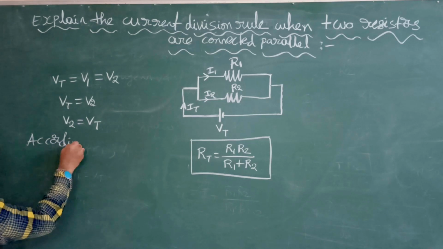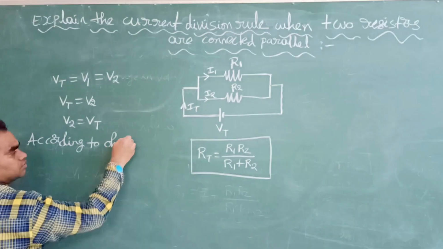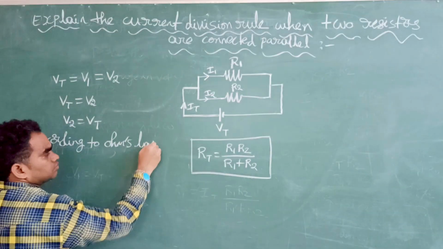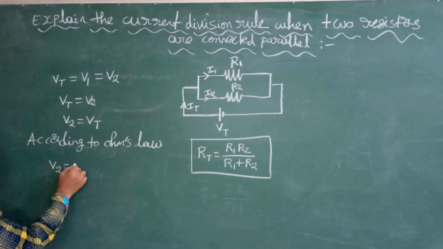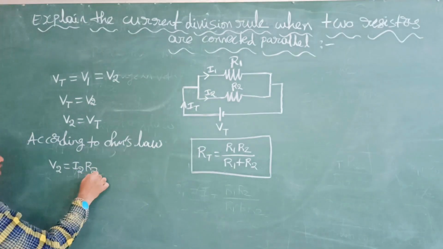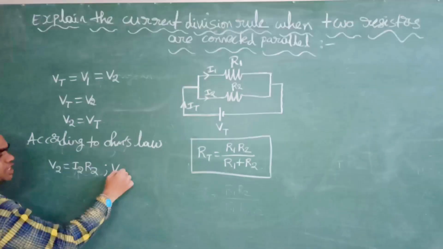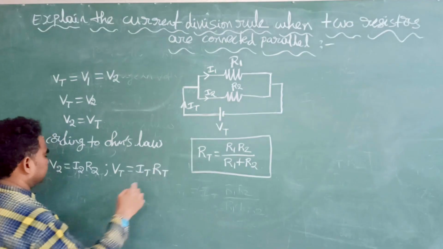According to Ohm's law, V2 is equal to I2 R2, and VT is equal to IT RT.